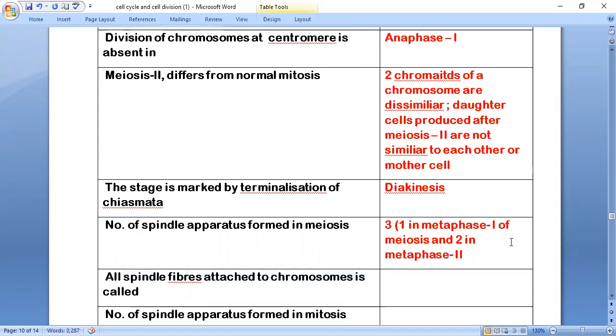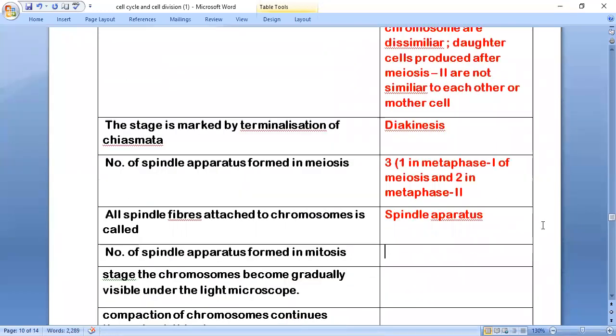All spindle fibers attached to a chromosome are called the spindle apparatus. Number of spindle apparatus formed in mitosis at metaphase of mitosis.